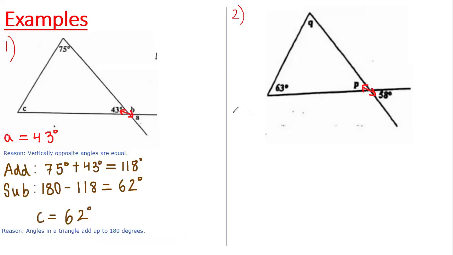So P is equal to 58 degrees. What's the reason? They're vertically opposite. Very good, vertically opposite angles are equal.